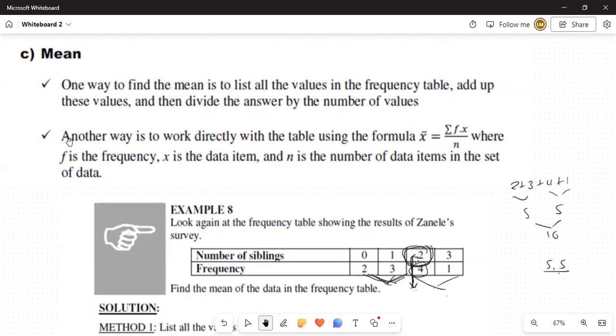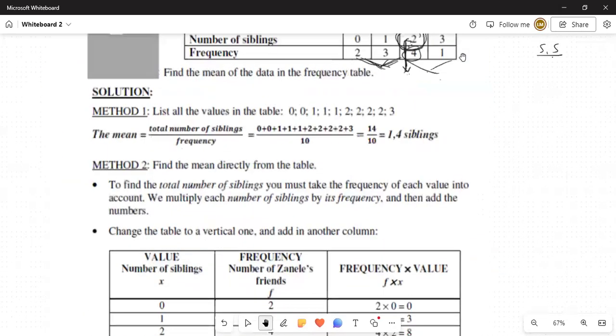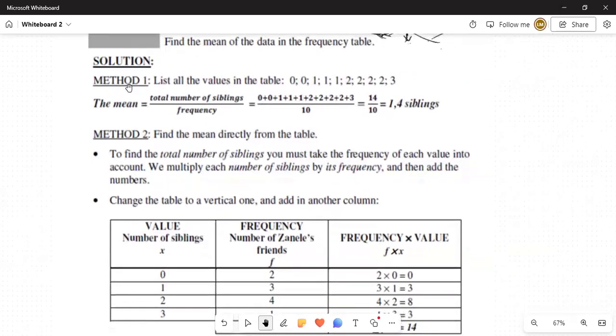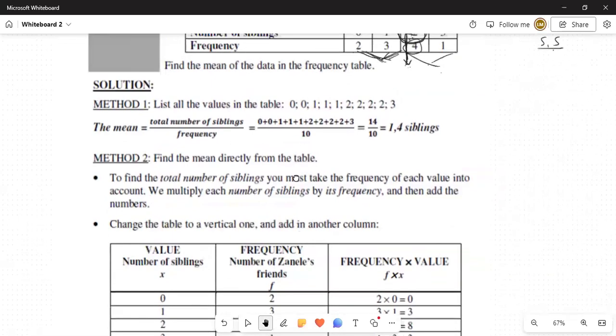Another way to do it is to work directly with the table using the formula that says the frequency multiplied by the x value, where f is the frequency and x is the data. Let's look at the way we did it. For method 1, we just added up.